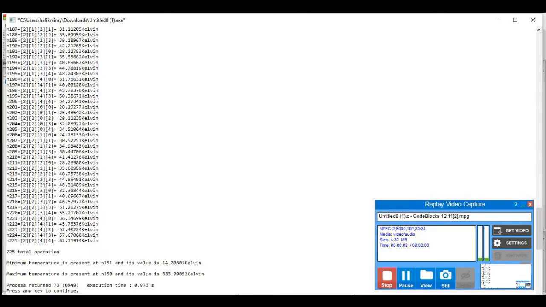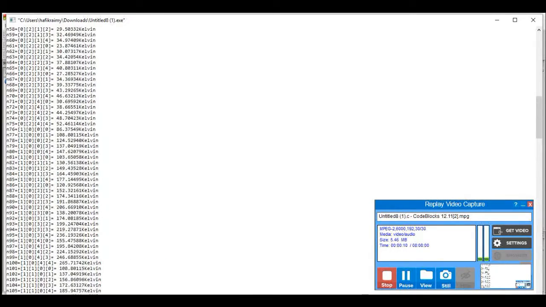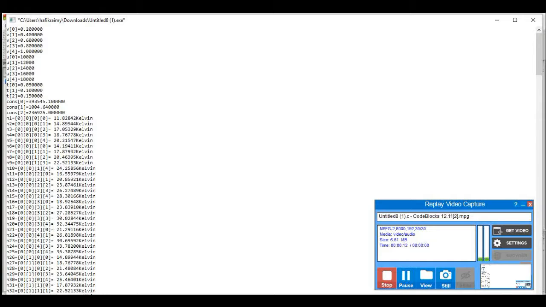So now let's execute our program. This is the result of the program. The program will printf all the values that we printf in the program, starting from v0, v1, v2, v3, and up to constant 2, which is the constant for the material tree. So this n1, n2, n3, n4 refers to the location where the delta t values are located.